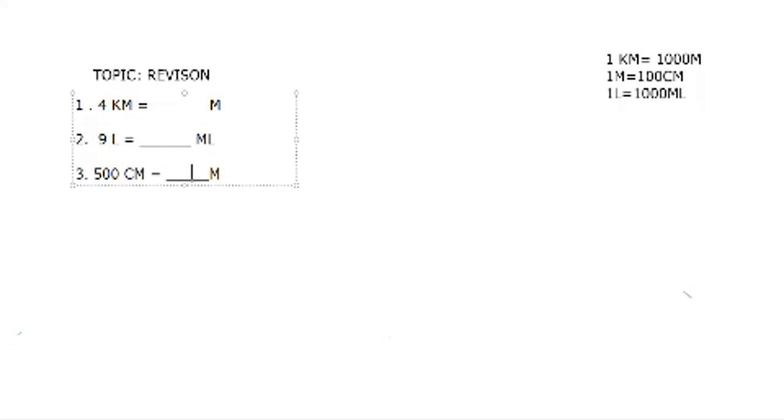I think I again made a mistake. 500 meters has, I just need to correct my units. See, a single mistake in the units can spoil your whole question, because if the teacher gives you a question about meters and you convert it to kilometers, your question will go wrong. So these are the first five blanks that you are going to solve. I'm going to read them for all of you.